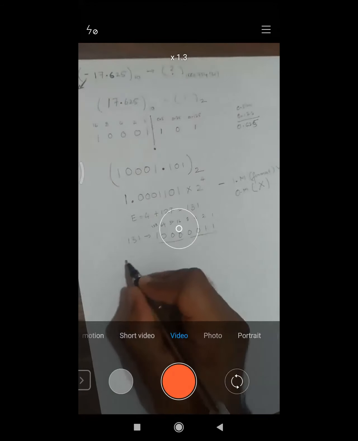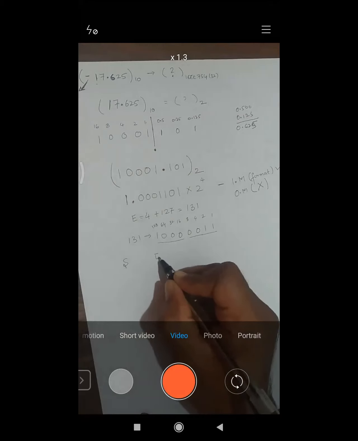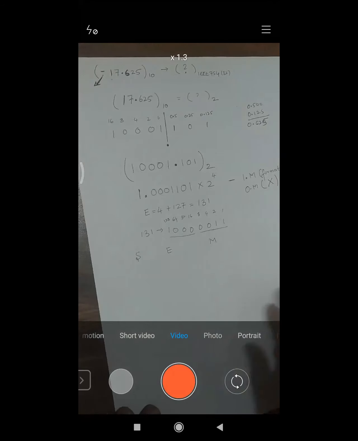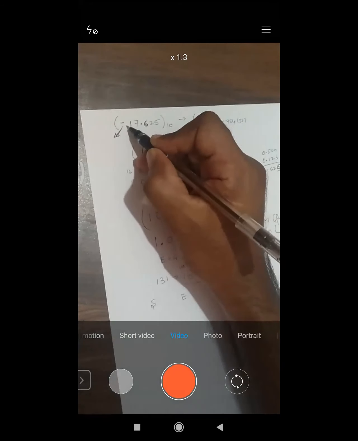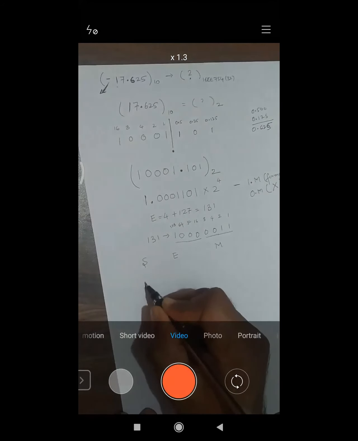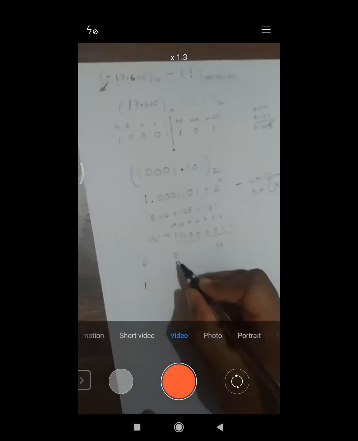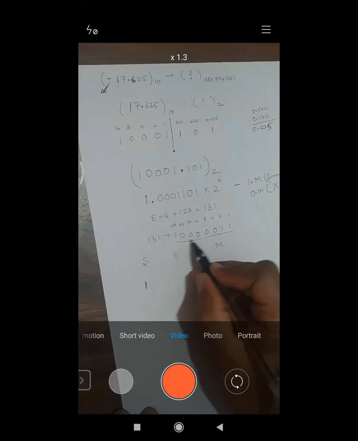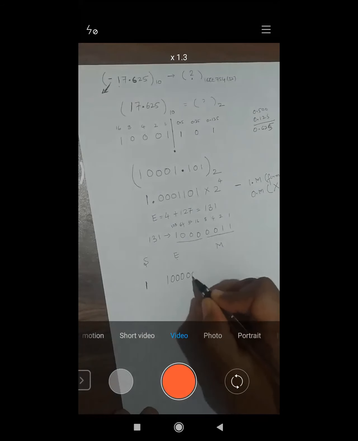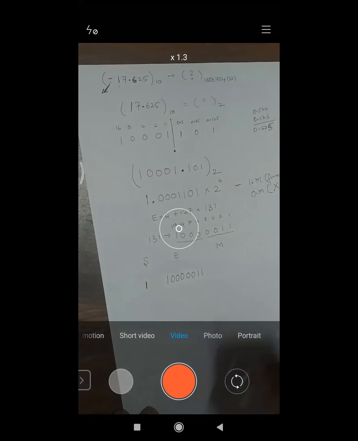Now we are going to write sign, exponent, mantissa. So what is the sign? 1, it is minus. So we are going to write 1. What is the biased exponent? 10000011.